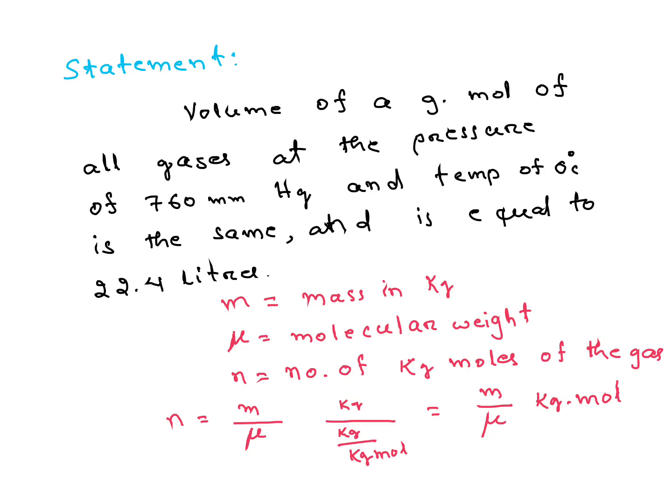So from here, m equal to mass in kg, mu equal to molecular weight, and n equal to number of kg moles of the gas. So n equal to m by mu. The unit of m is kg and the unit of molecular weight mu is kg per kg mole. So m by mu, its unit is kg mole.